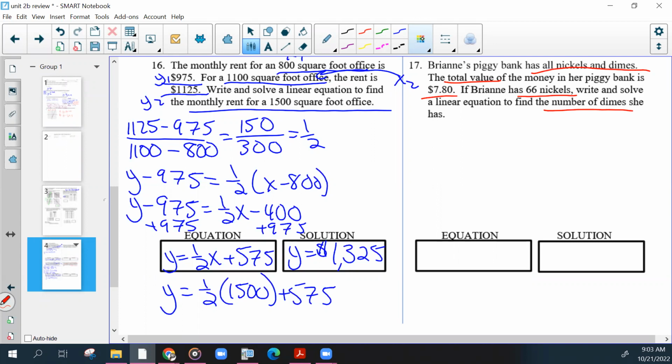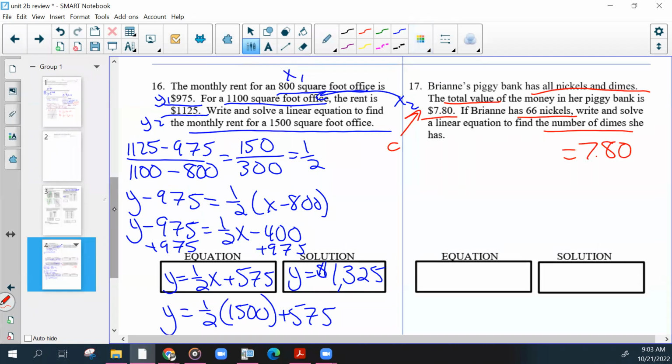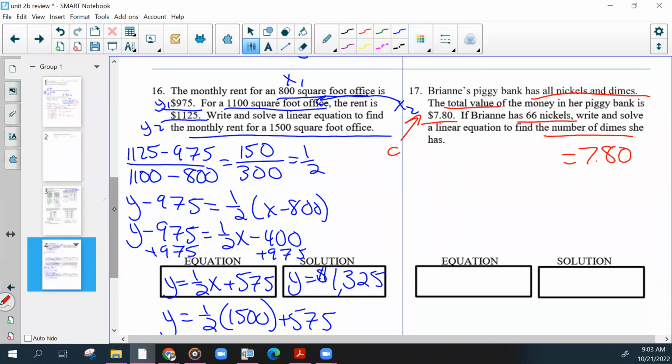Start with your total, your c. What is that? Your A and your B are going to be what the nickel and dime are worth, which is what? 5 cents and 10 cents.